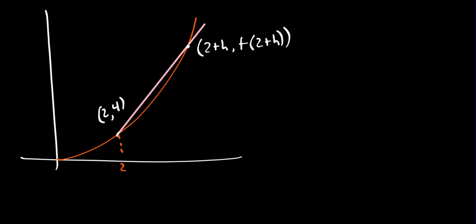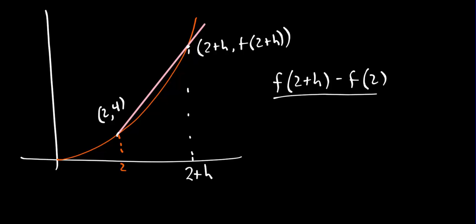And down here is 2 plus h. And I want to get the slope of that line right there. Well, it's going to be f of 2 plus h minus f of 2 over 2 plus h minus 2, that's just h. That's the slope of that line.